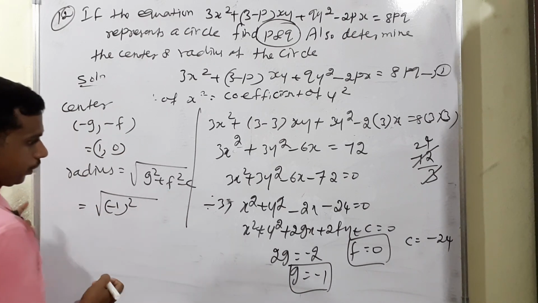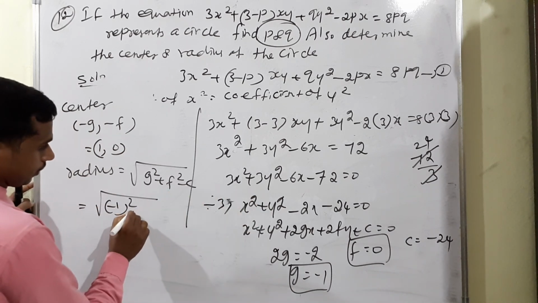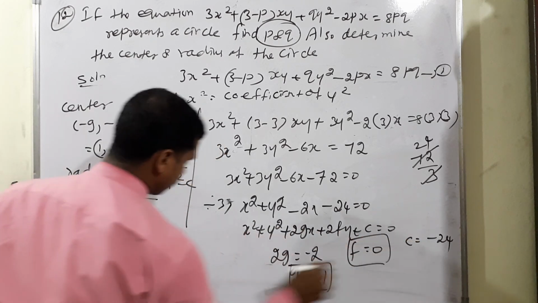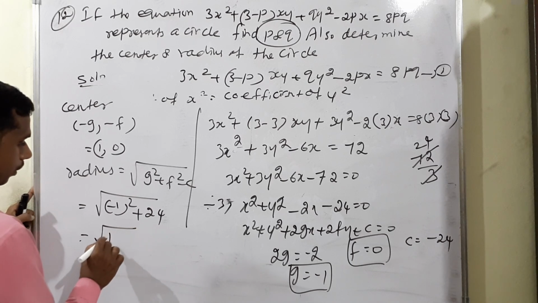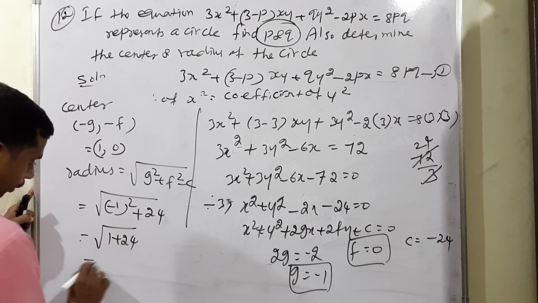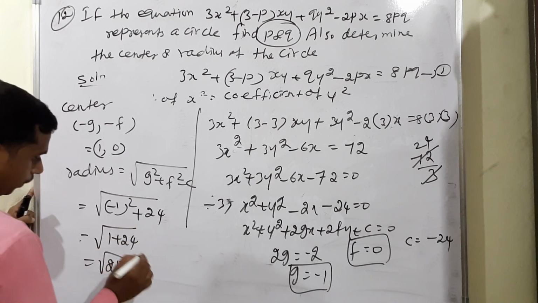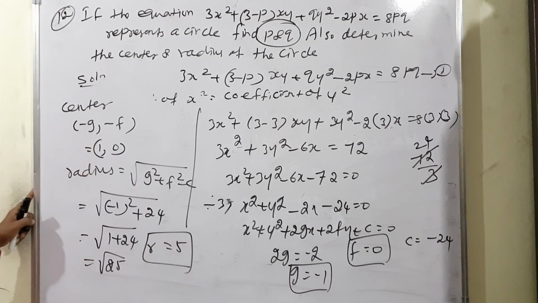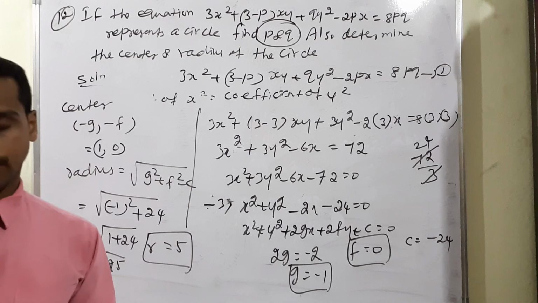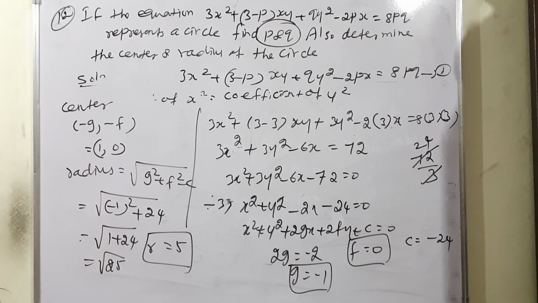There is nothing for f, but c is there. Here c is also minus, so we can write it directly as positive 24. So minus 1 the whole square is positive 1, plus 24. Therefore 24 plus 1 is equal to 25, so r is equal to 5. Therefore the radius is 5 and the center is 1 comma 0. This is the final answer for question number 12.